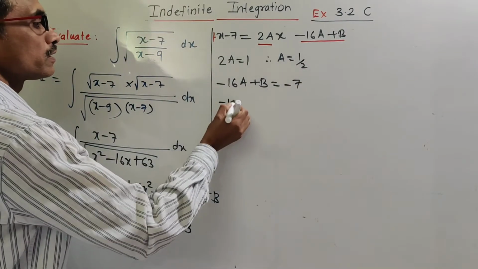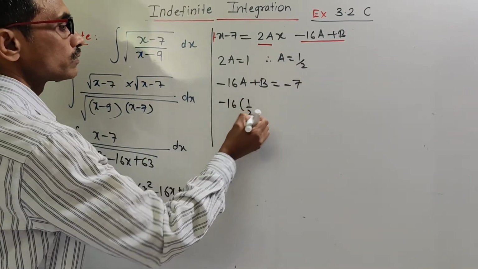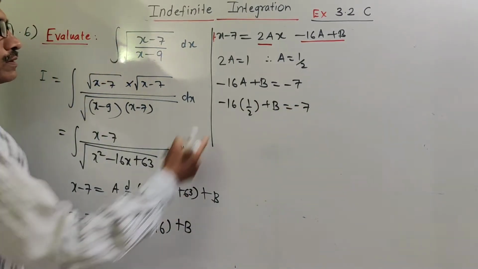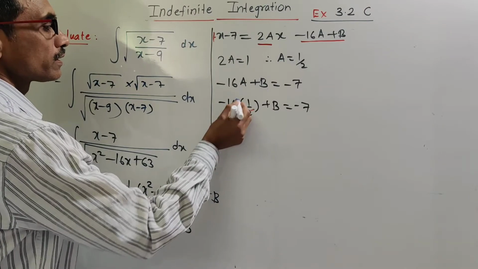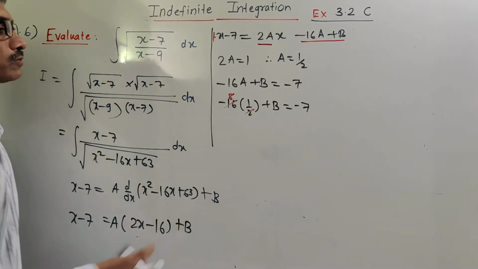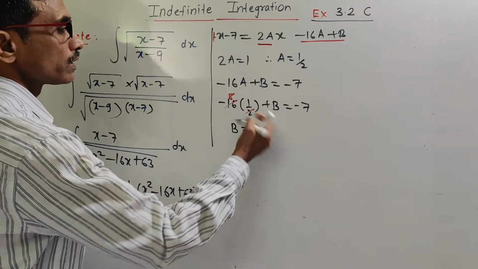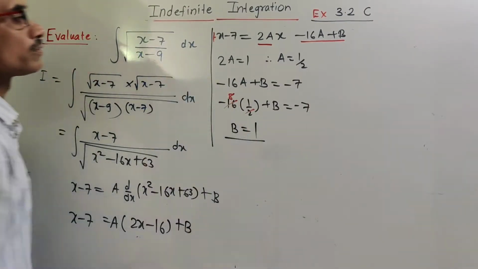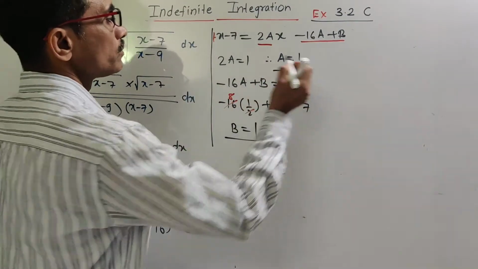But a is 1 by 2, so minus 8 plus b is minus 7. So b is equal to 8 minus 7, that is 1. So we get b is equal to 1 and a is equal to 1 by 2.